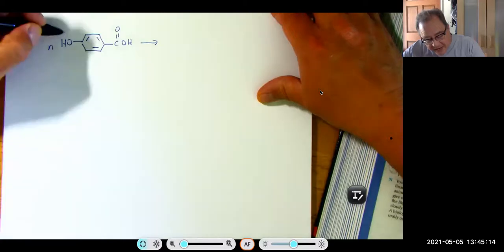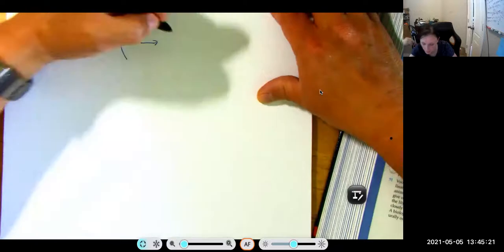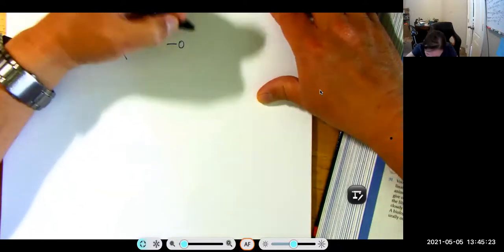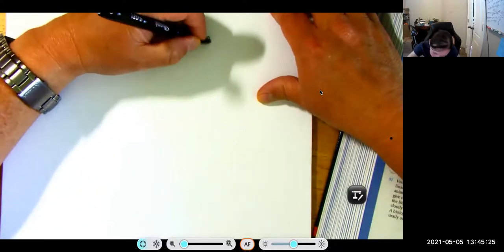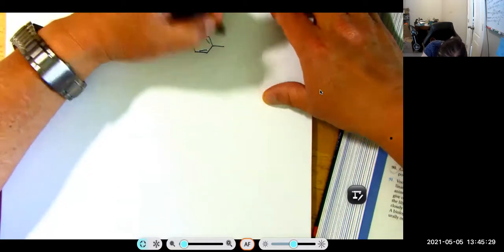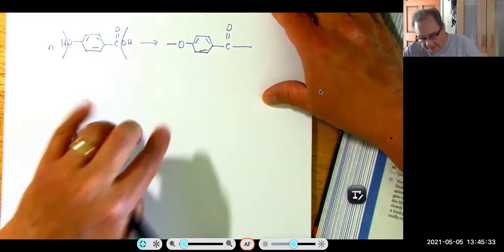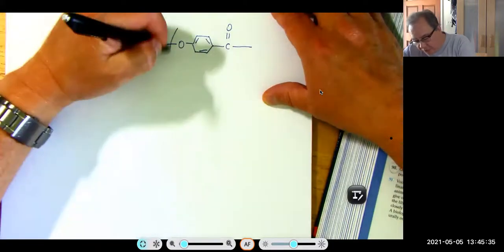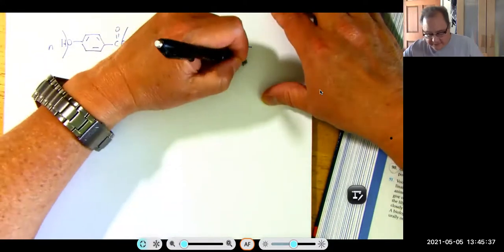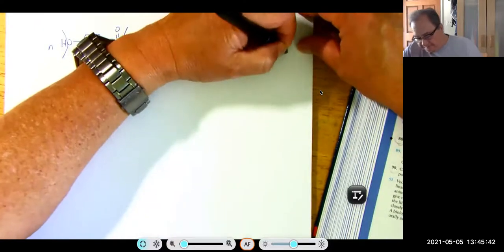So I'm going to take the hydrogen off of the alcohol and the OH off of the acid. Right. And when I take those pieces off, I'm going to put a bond there and parentheses through those bonds and an N. And I'm also going to put H2O.